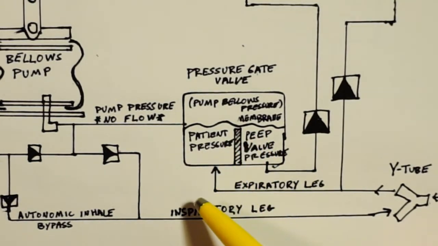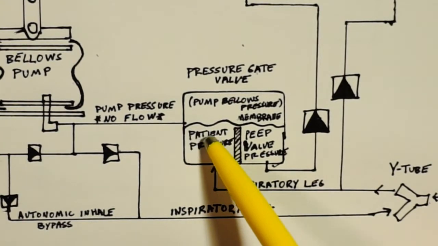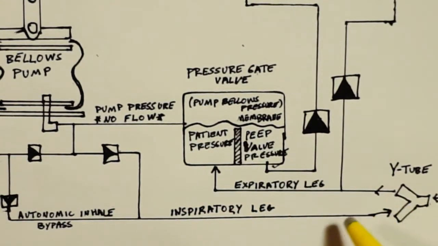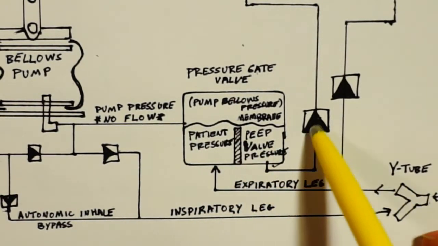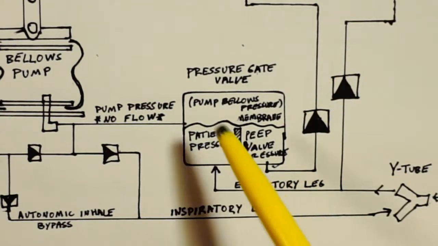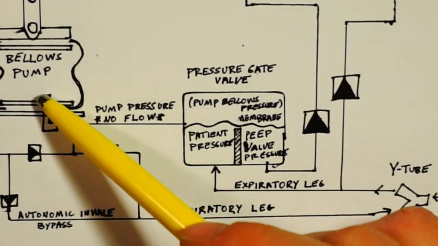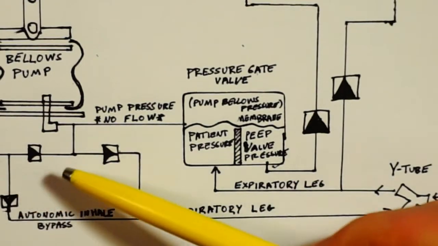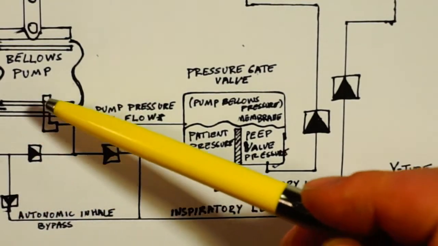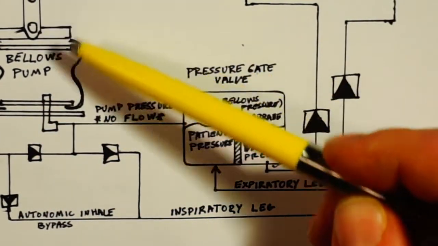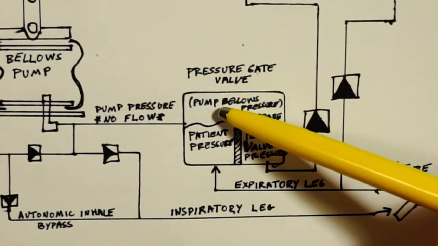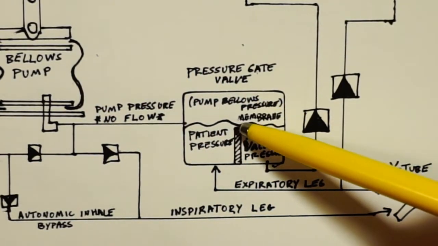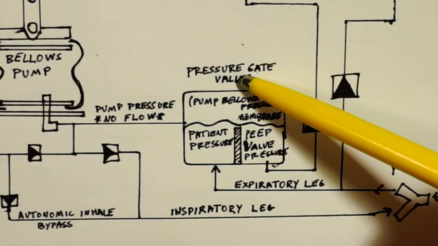Then in the exhale cycle, we want to open this chamber to allow the patient to exhale through the PEEP system. So what happens is during the exhale cycle, the bellows expands, it moves up, creating vacuum or a low pressure in this area, sucking this membrane up.